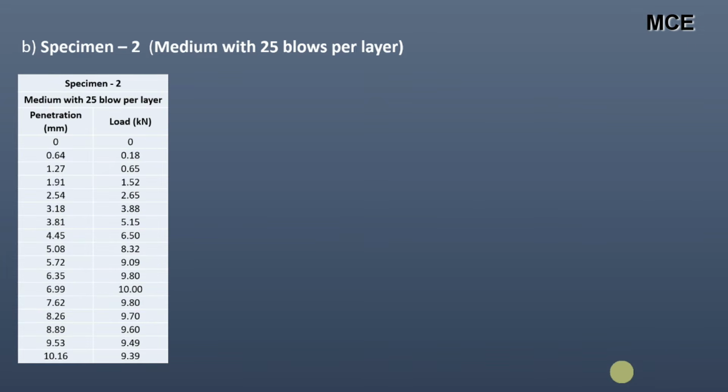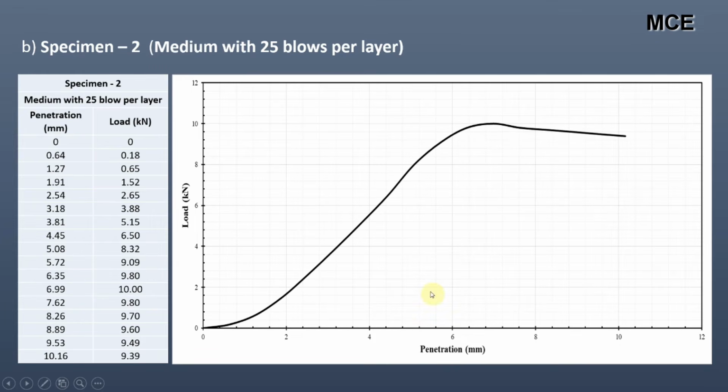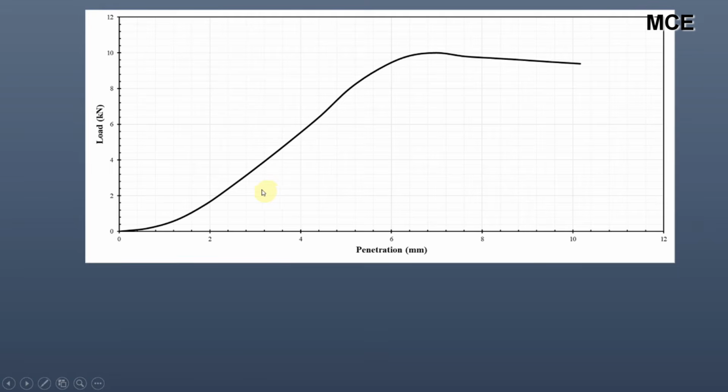The same procedure will be followed for specimen number 2, that is, plot a curve between penetration and load. We will get a curve like this. Again, we can see that our curve has an initial concavity, so we will again apply the CBR correction, find the corrected origin, and from the corrected origin find the penetration of 2.54 mm, and find the load corresponding to 2.54 mm penetration.